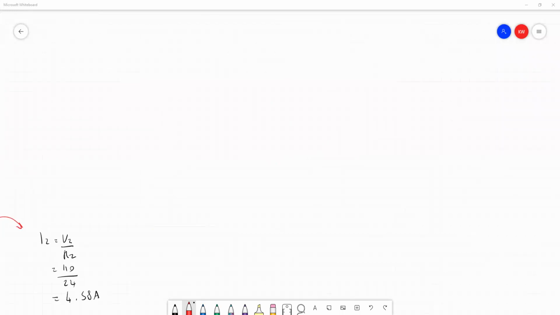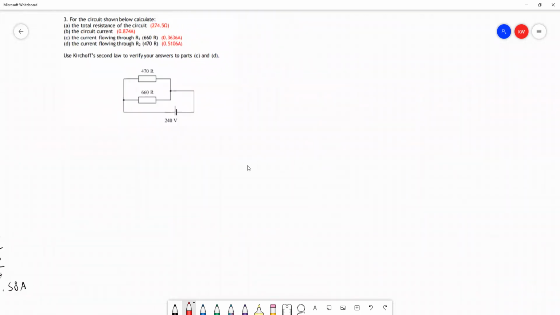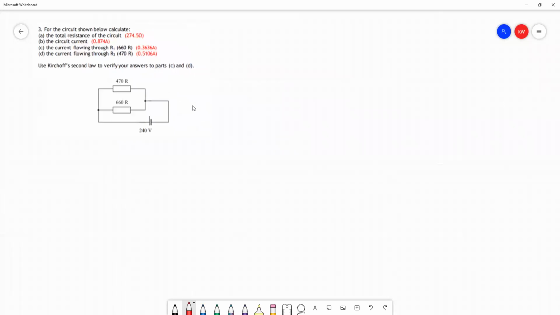The next question is question 3, and we're going to take a look at this circuit here. So we're asked to find again the total resistance, the circuit current, the current flowing through each resistor, and then to check using Kirchhoff's law that these things add together.